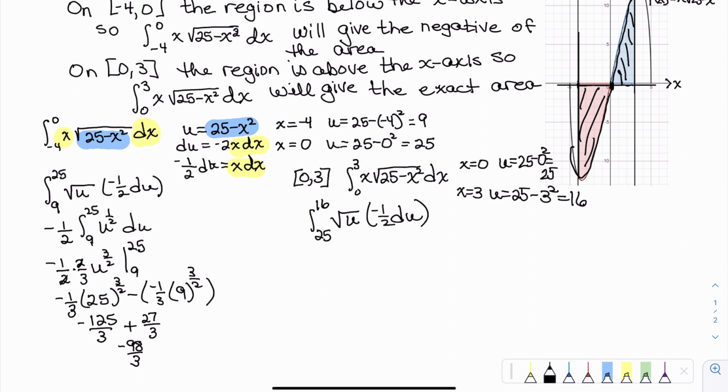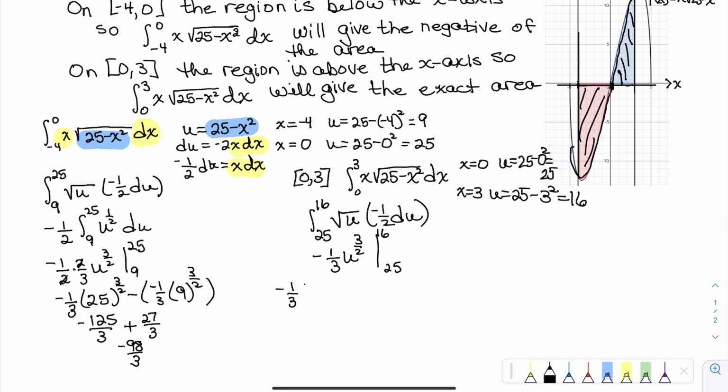And then integrating that, remember, we're going to pull out the negative 1/2, have that as u to the 1/2 power, and we're going to add 1 to the exponent, divide by that like before, and you've got negative 1/3 u to the 3/2, evaluated from 25 to 16. Plug in the upper limit of integration.